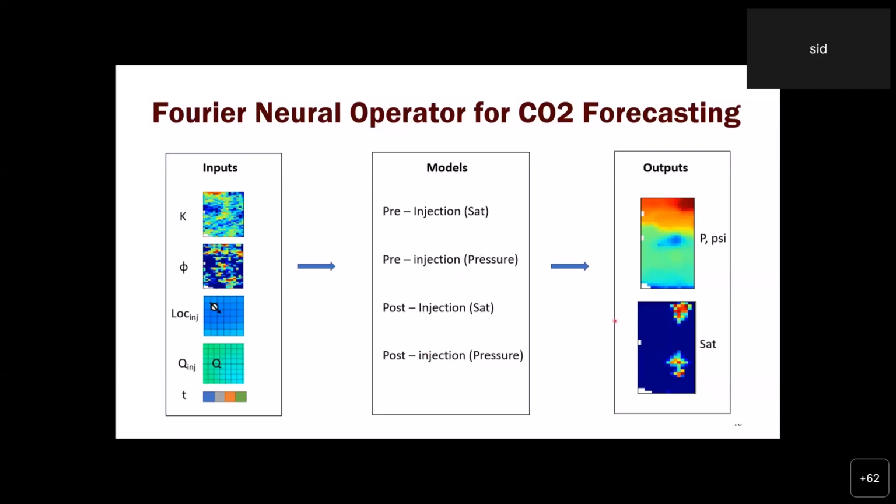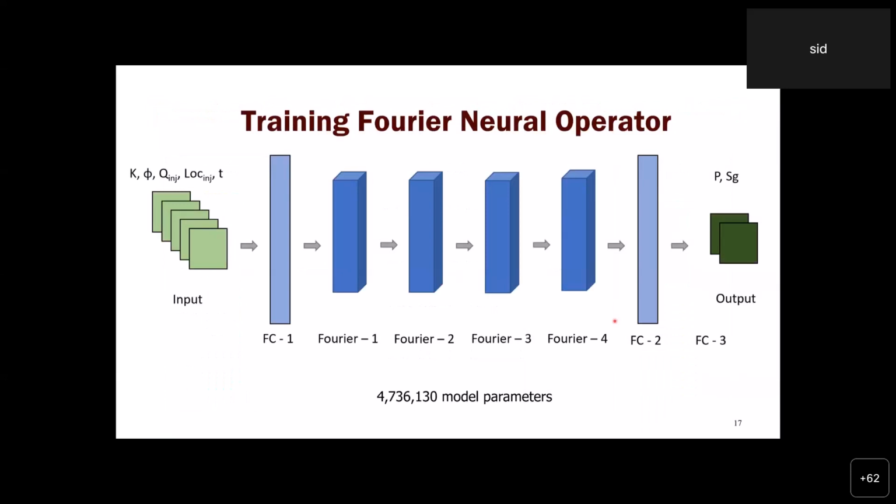So with that, let me show you what our Fourier neural operator looks like. For a given set of inputs, we want to predict how the pressure and saturation will evolve. We can predict the pressure and saturation evolution in the entire lateral layer, because it's a sinusoidal representation that can be inverse transformed.